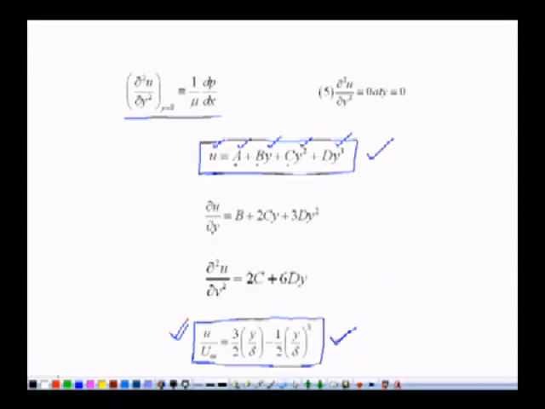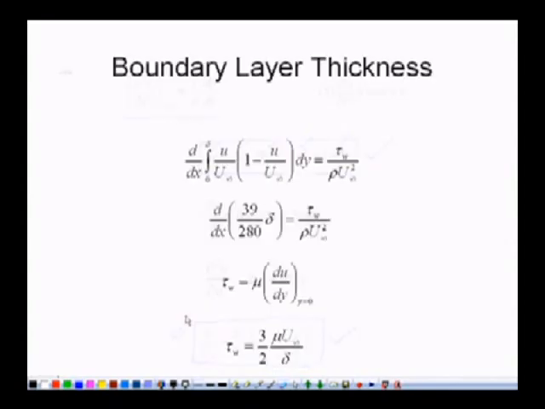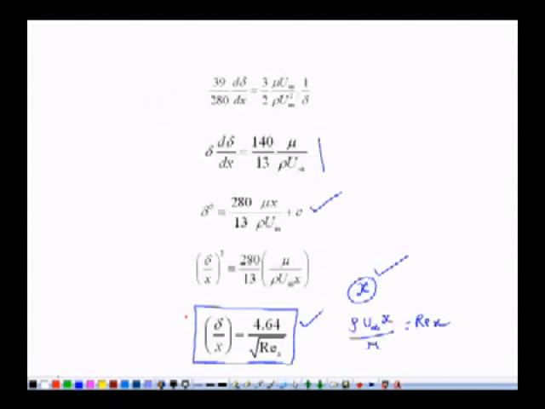So for this velocity profile only this relationship is valid, delta over x is equal to 4.64 divided by root of Rex. If we have a different velocity profile, then this delta over x will be different, right?